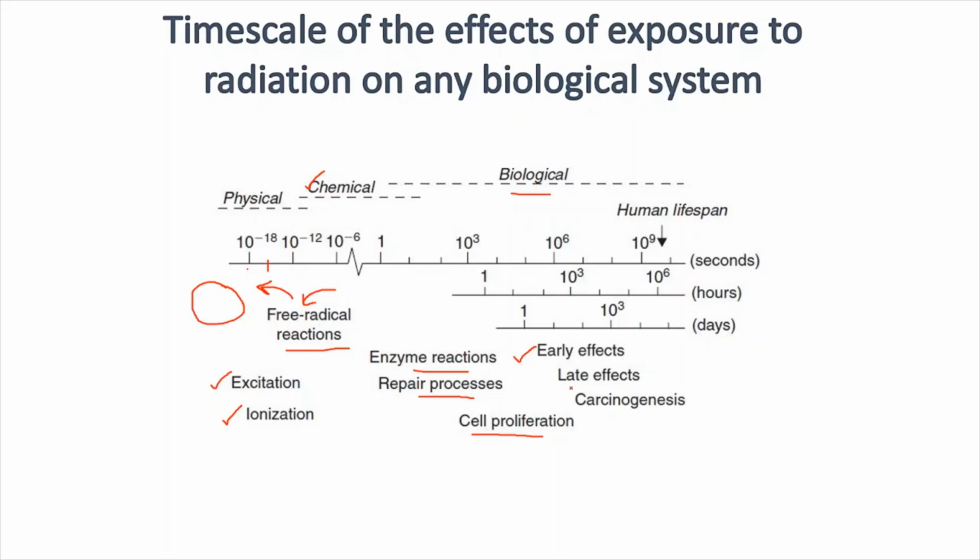Slowly the late effects start to appear, examples being fibrosis as well as telangiectasia of the skin. On a still later time scale, we see the appearance of secondary tumors, and this is named radiation carcinogenesis.